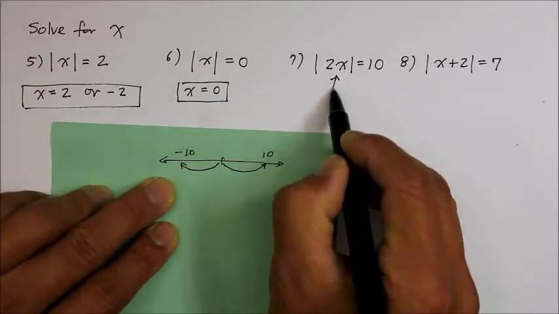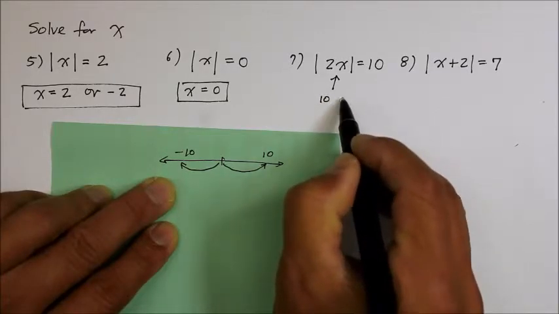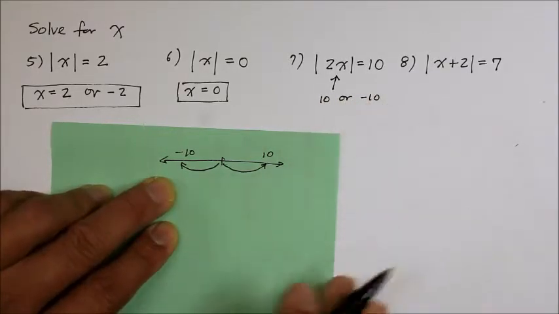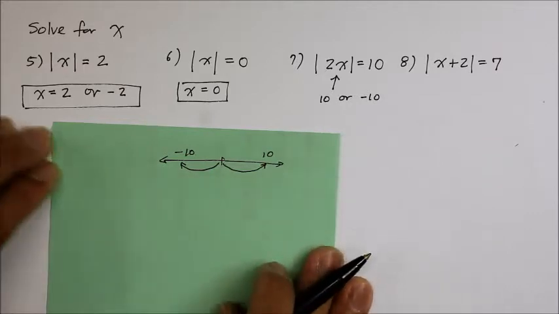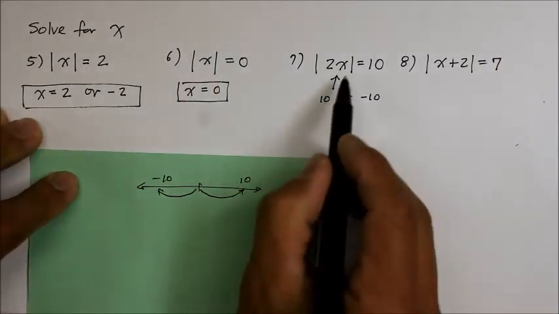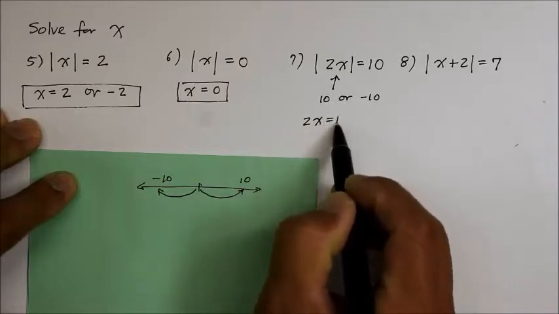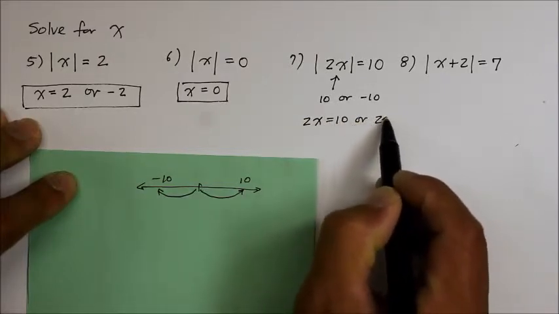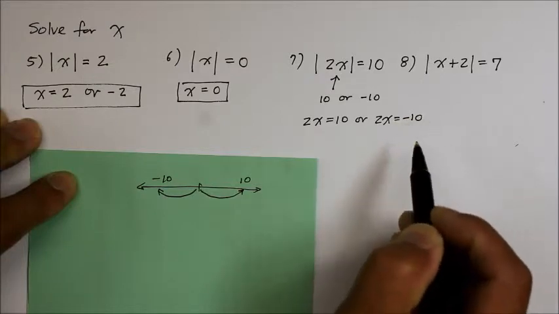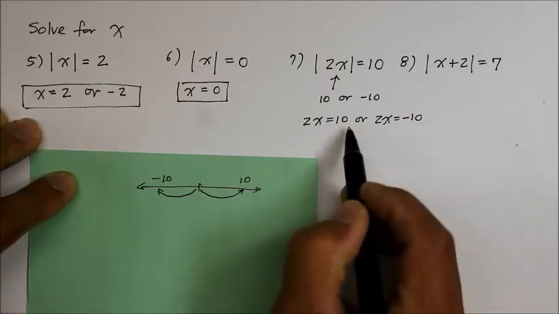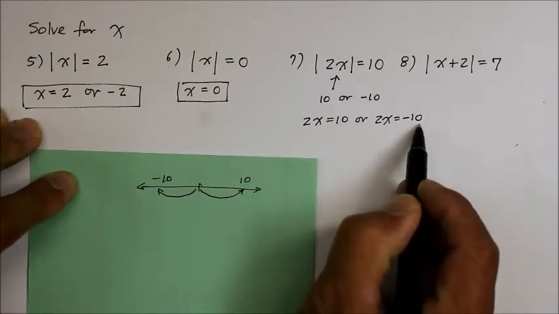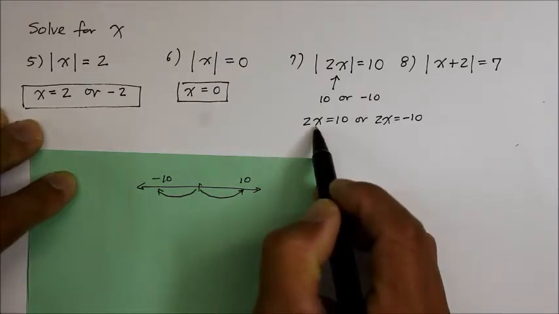Well, you want this to equal 10 or negative 10. So what you need to do is solve this expression to equal that, meaning 2x is equal to 10, or 2x is equal to negative 10. There's two possible answers, but they have to be 10 or negative 10, so you solve for that x.